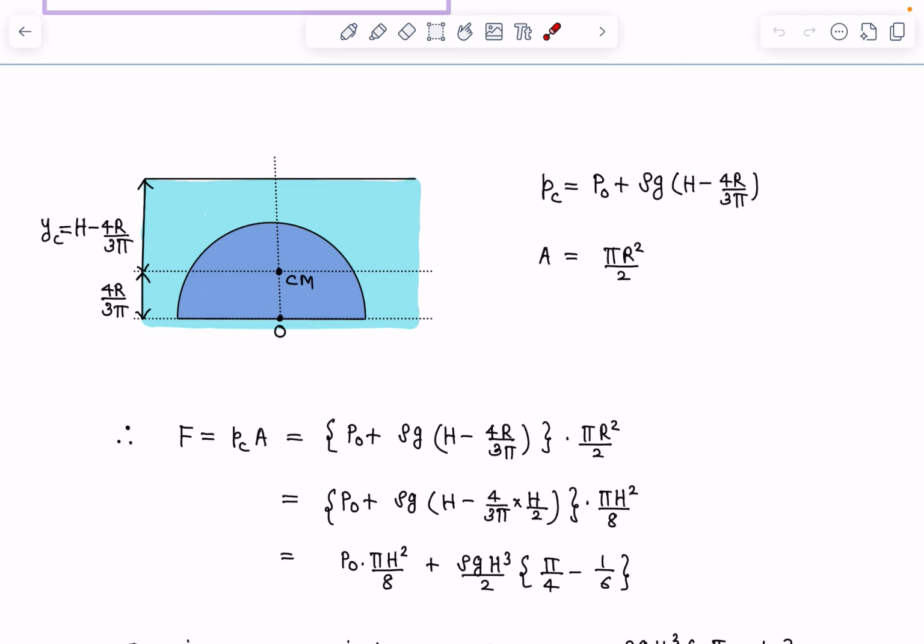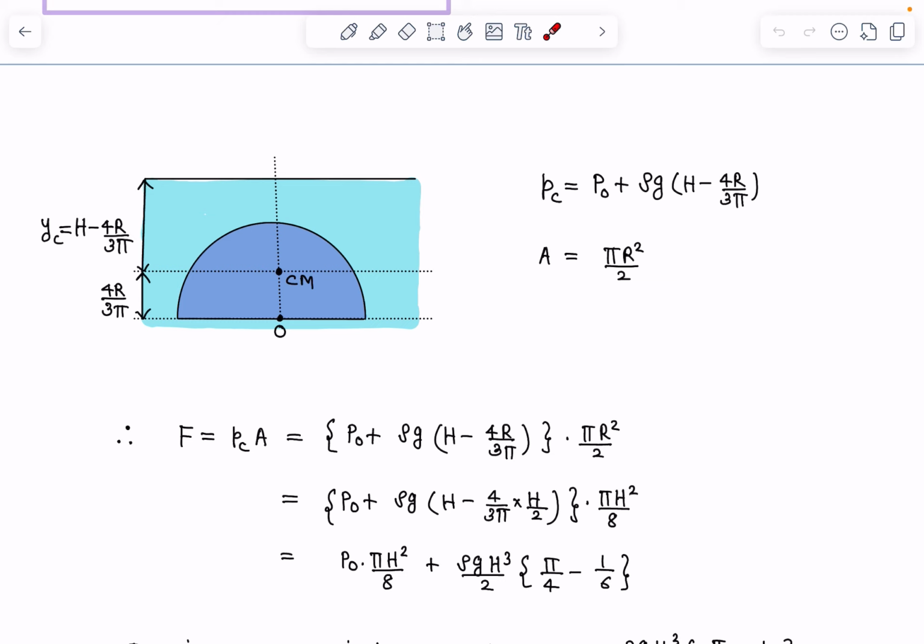In order to find the force, the first step would be to locate the centroid of this area, and the centroid of the area will coincide with the center of mass of a uniform lamina of the same shape, and we understand the center of mass will be at 4r by 3π from O. So its distance from the free surface, which I have termed y_C, will be equal to h minus 4r by 3π.